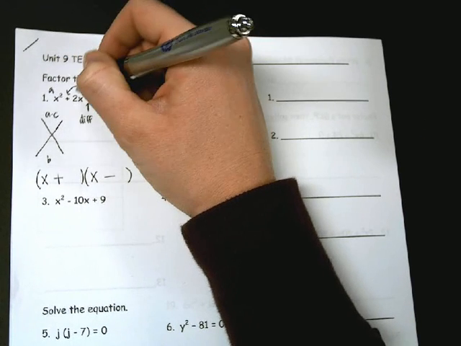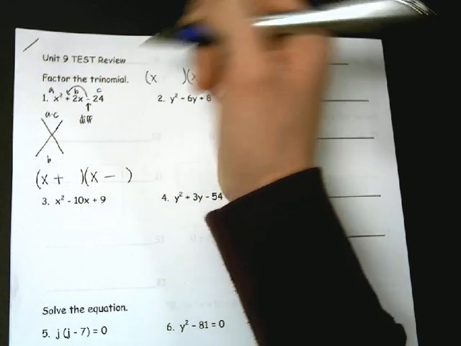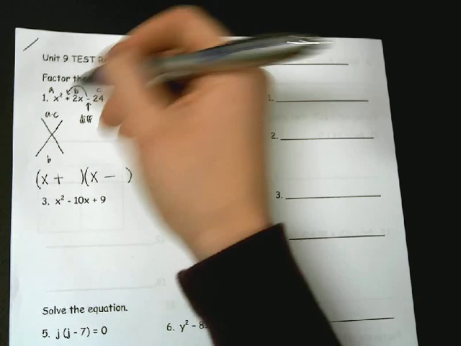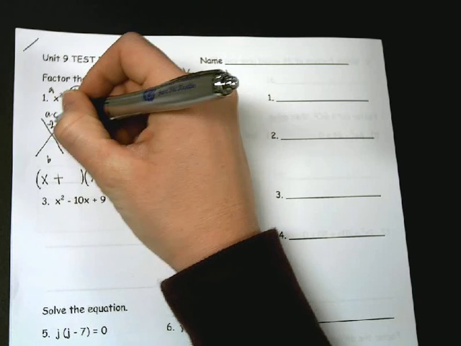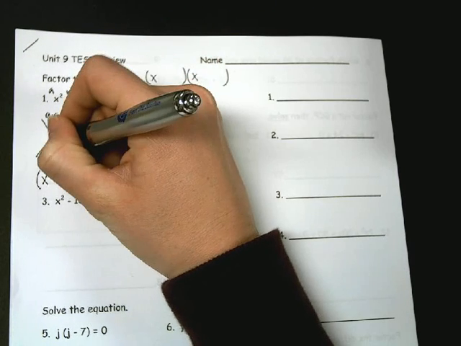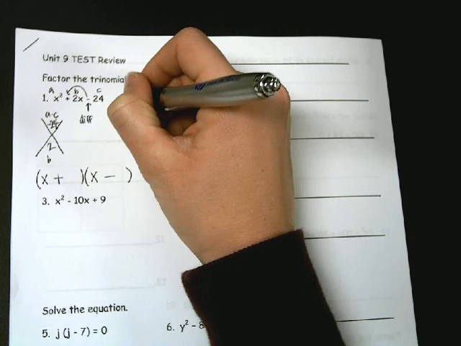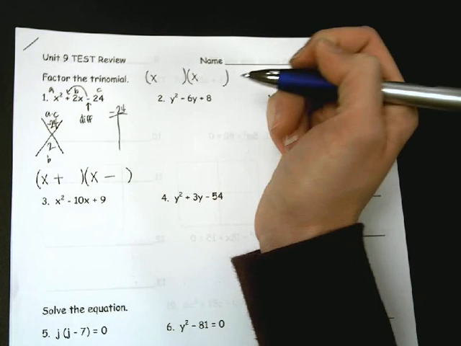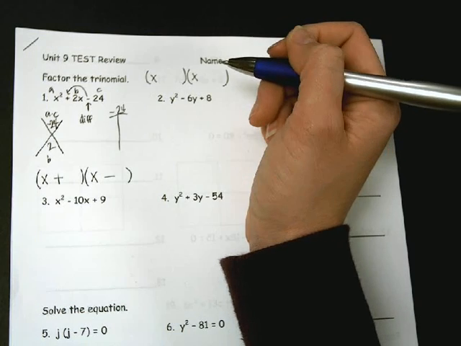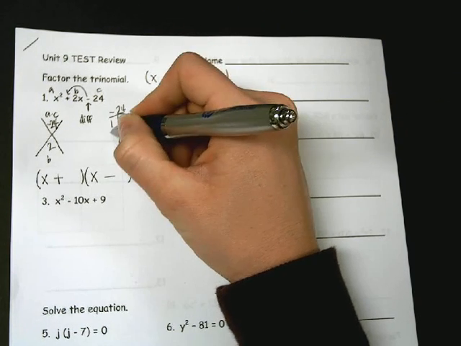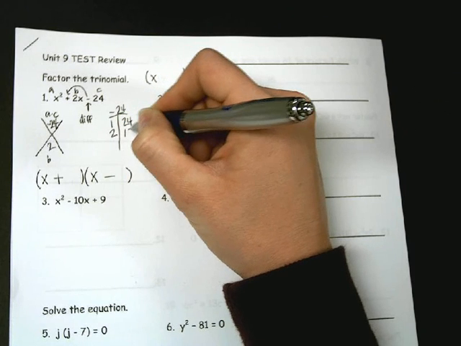So we're thinking what multiplies to give us negative 24, what adds to give us 2. I would put negative 24 over here in a table, and list all the factors of 24: 1 and 24, 2 and 12, 3 and 8, 4 and 6.